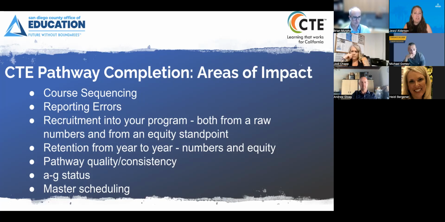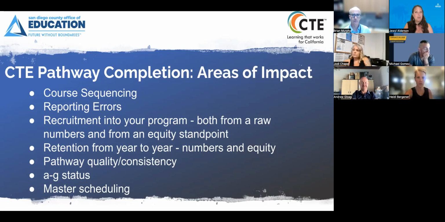When it comes to recruitment into your program, this can be both in raw numbers, but also in equity. So all the data in the CCI, it doesn't tell you which programs those students are in. But you can walk into those classes, and sometimes I'll walk onto a campus, and we've all seen it, you walk into an auto shop and you see a lot of students who might be special populations, and you walk into an engineering class and there's a lot of white males.